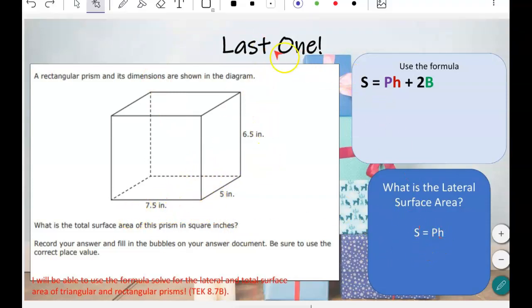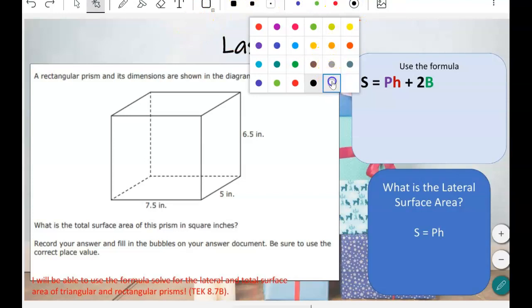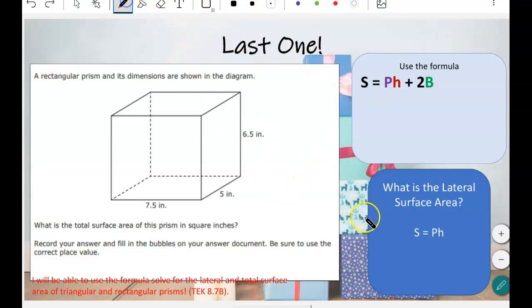So the perimeter of this rectangle, we are going to do twice the length, so twice 7.5 plus twice 5. And so this is the P, and 2 times 7.5 is 15, 2 times 5 is 10, and we add that together, we get 25. That's P.